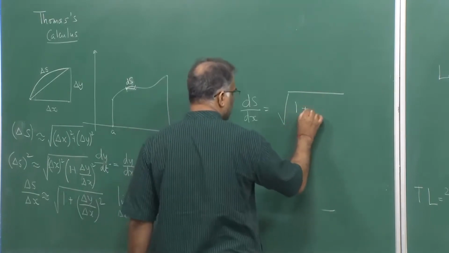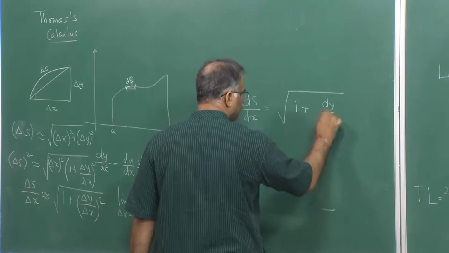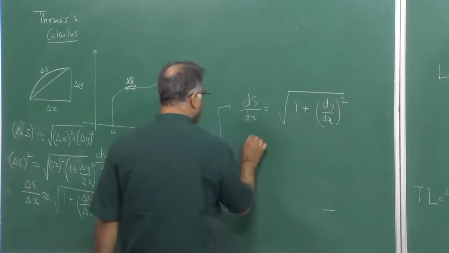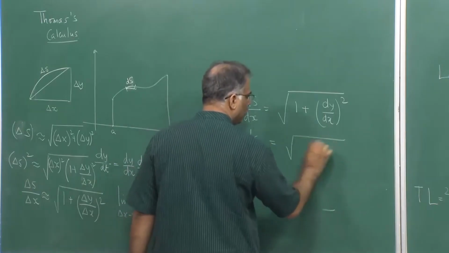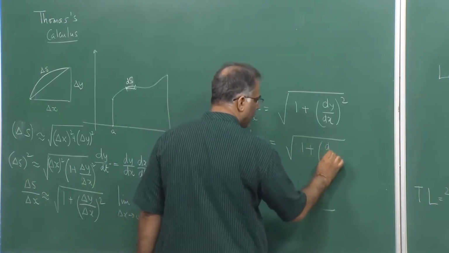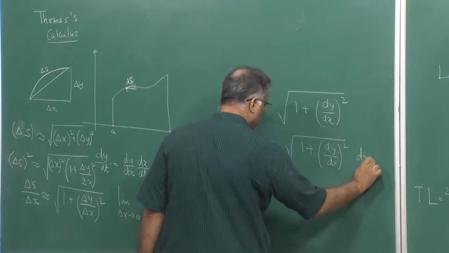So, when you take the limit it is nothing but 1 plus dy by dx whole square. So, ds is equal to root over 1 plus dy by dx whole square dx.